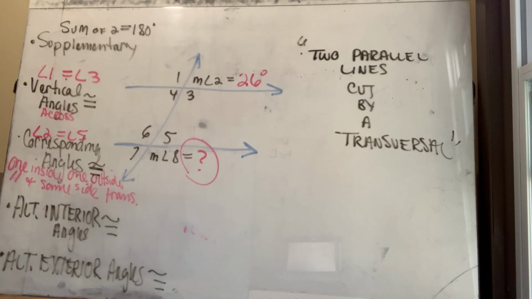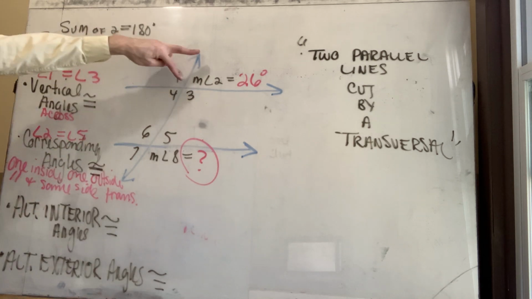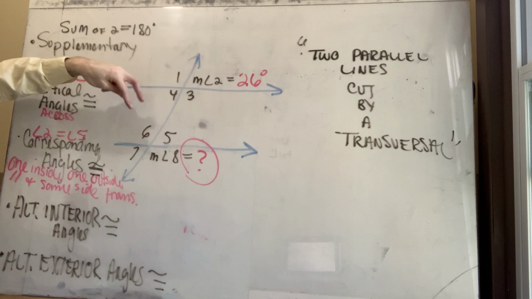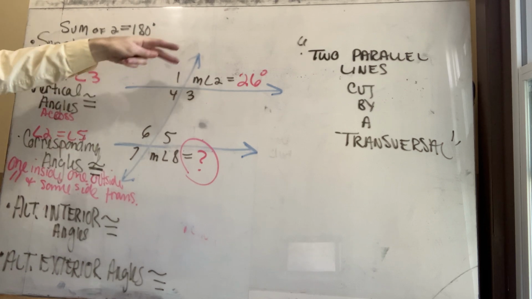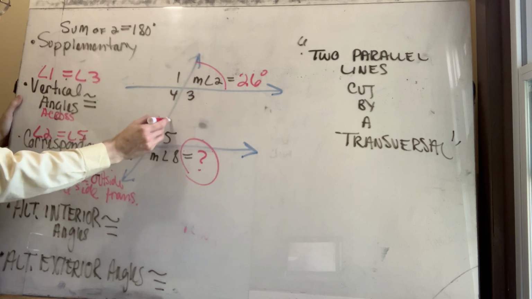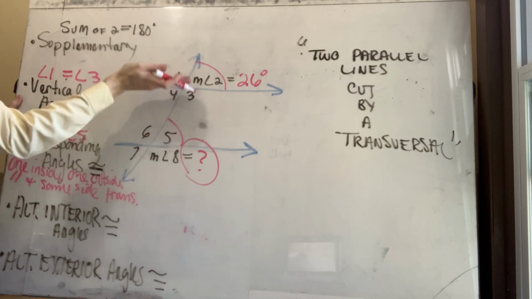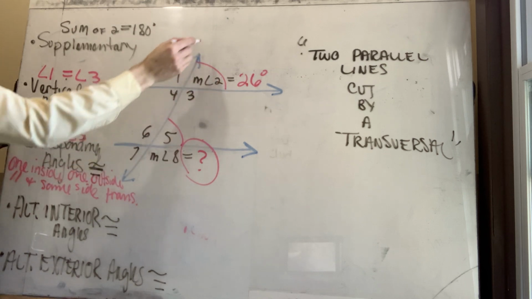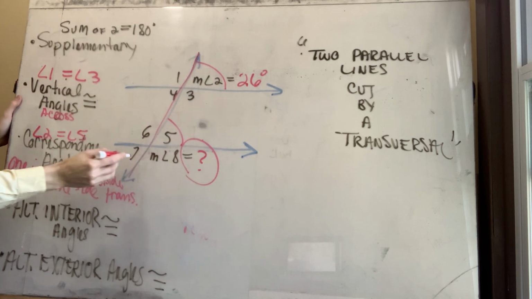That is the definition of corresponding. This corresponds to this. That's not the only pair, but like 1 and 6 as well. But notice that 1 is inside the parallel lines, 5 is inside the parallel lines, and 1 is outside the parallel lines, that's 2. But they're on the same side of the transversal.